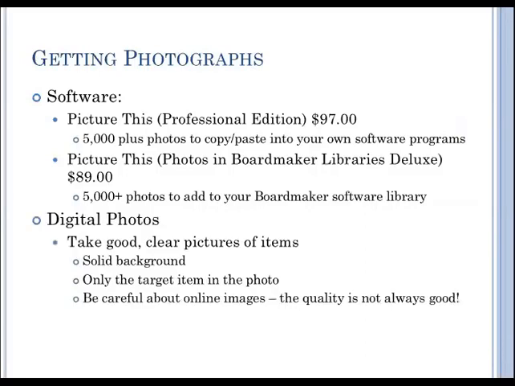You can also take your own digital pictures with a nice solid background, only the target item in the photo. People will use Google Images, and I use Google Images sometimes as well, but you kind of have to be careful because sometimes the quality is not very good. So if I'm trying to find images for, here in Vancouver, BC, where I am, we've got a place called Science World.